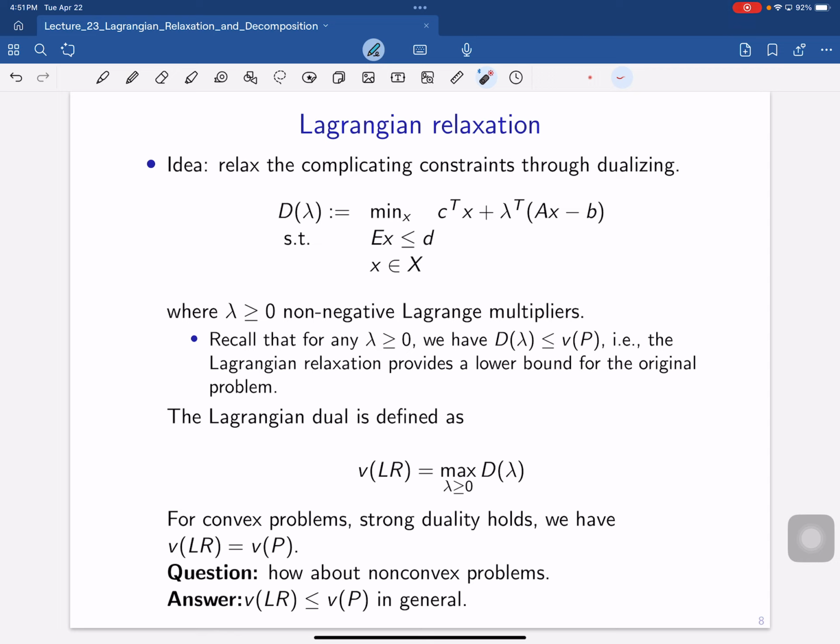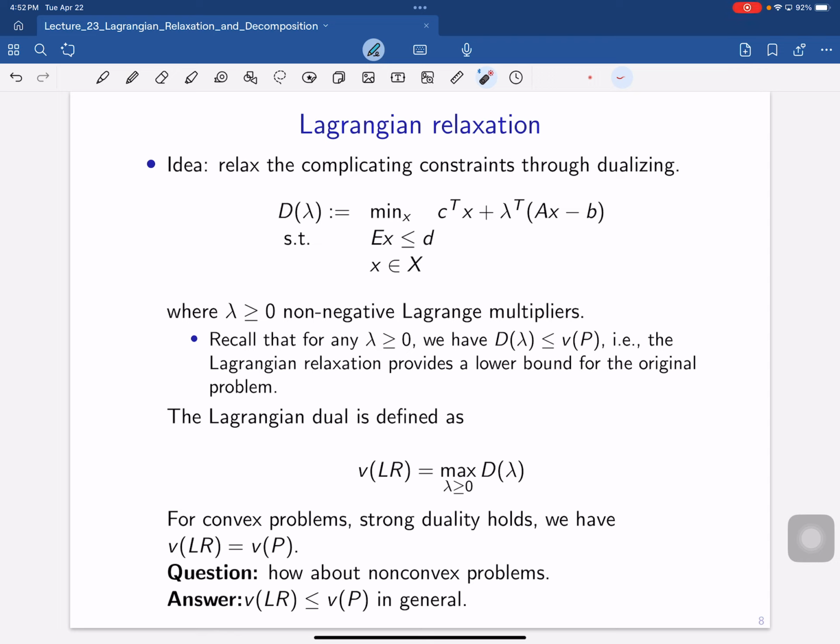Yeah, so if you recall, as long as the signs are consistent, no matter what constraints you have, d(lambda) is a lower bound of the primal, right? Just by definition, the way we define those signs of lambda and the way we define those constraints, you can show that for any lambda greater than or equal to 0, d(lambda) is a lower bound of the original problem, right?